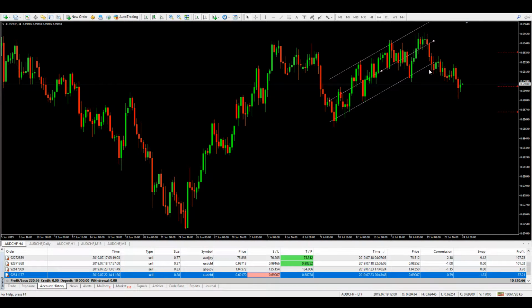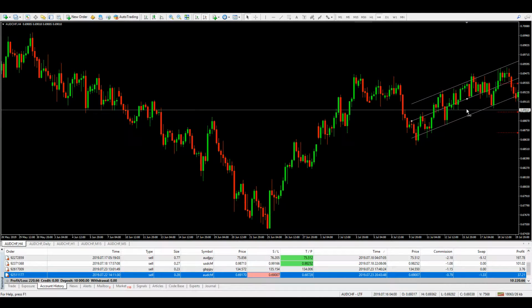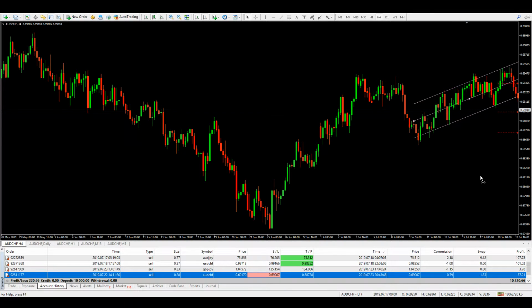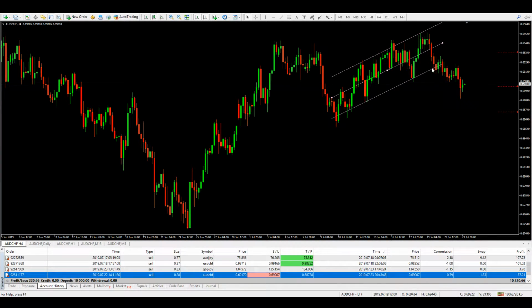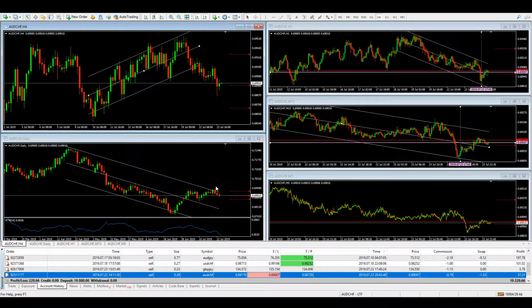So all the other time frames were giving me decent signals to be short on this, but on the hourly we didn't have this information here where the price had moved and broken lower like it did here. So it was still within this standard deviation channel. Now, the fact that it's broken through this support that the standard deviation channel was giving and has started to move lower means that pretty much all of the stars are now aligned on all the time frames.